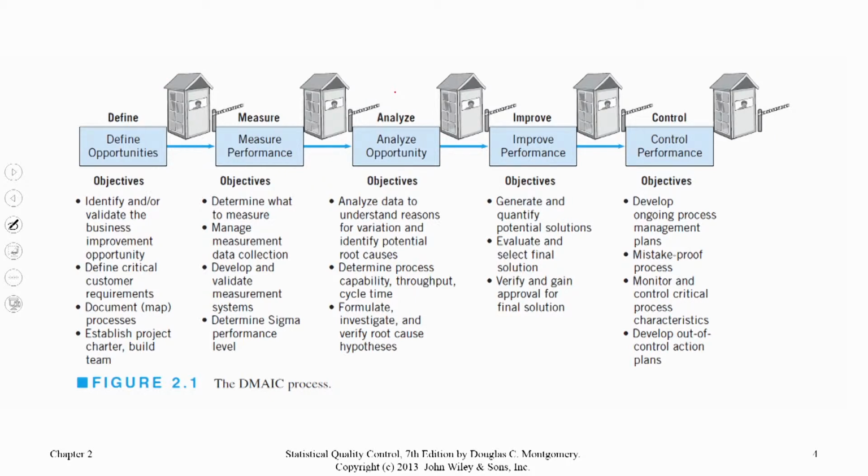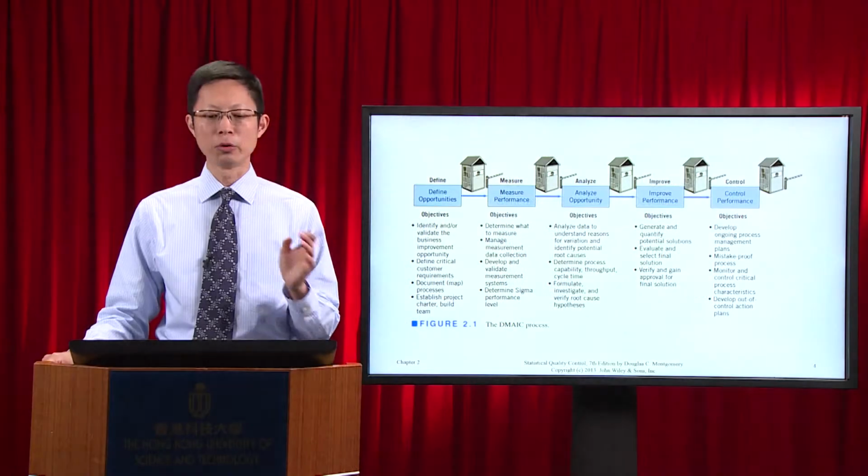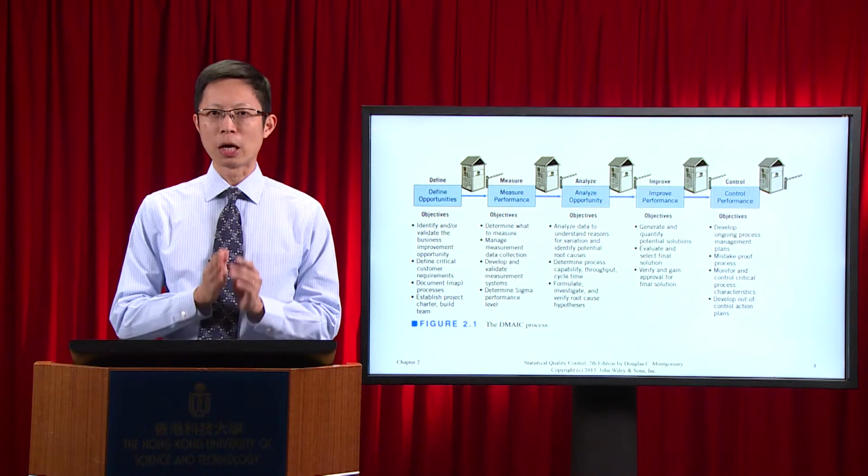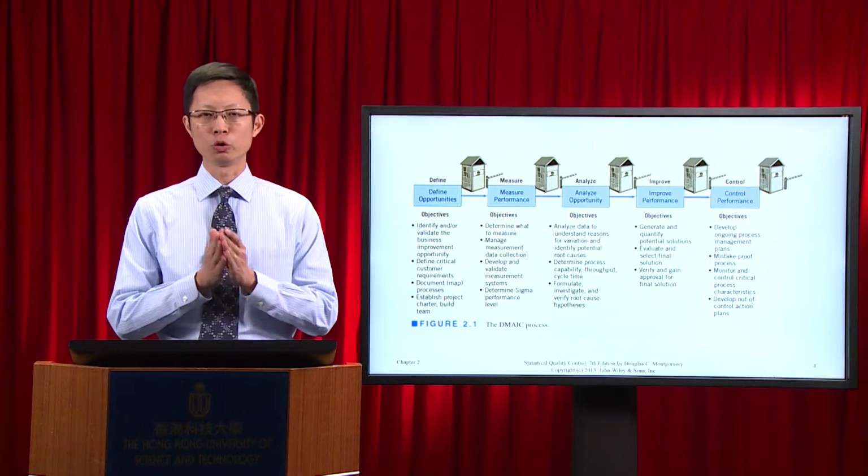Some people, without measuring, go directly to improvement. Sometimes people, after measuring, go directly to control. What I want to say is that people tend to skip steps. Even though logically they know they need to do that, most of the time they don't follow it step by step. So here, I'm going to show you a structured, systematic way to do problem solving.